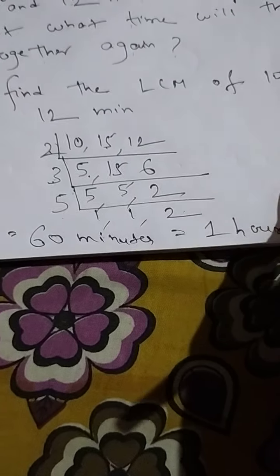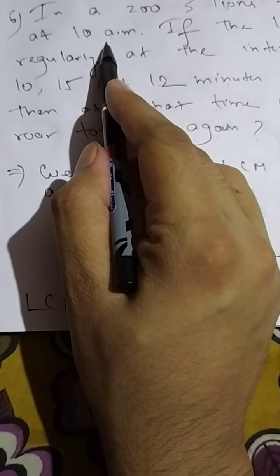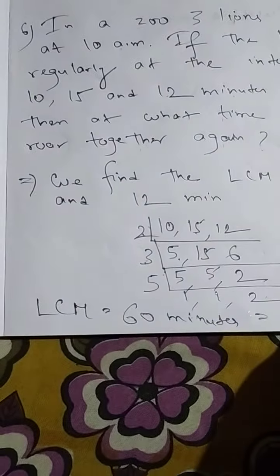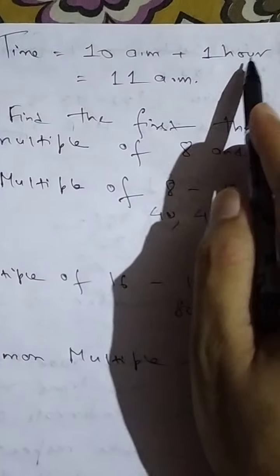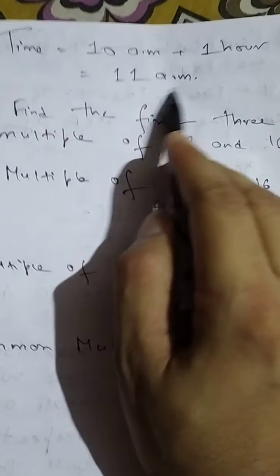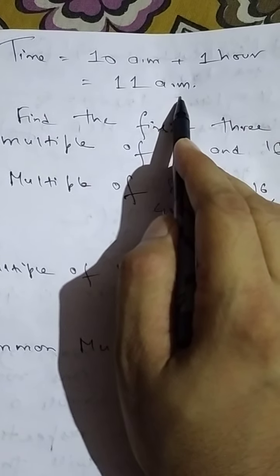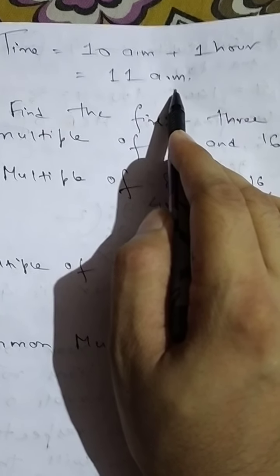So your LCM is 1 hour. So what is the time? 10 am plus 1 hour, the answer is 11 am. That means at 11 am all 3 lions will roar together.